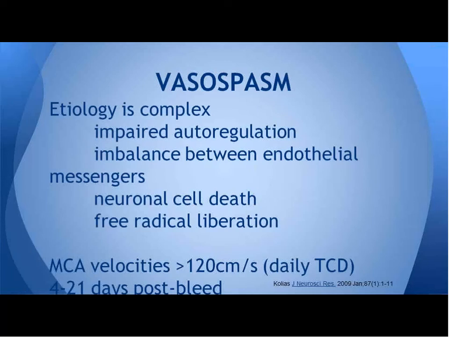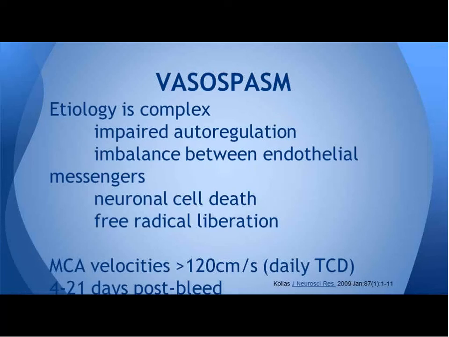Linda had discussed the transcranial Dopplers. Mainly what they do is look at the velocities. Greater than 120 centimeters per second, usually those patients, especially if they are symptomatic, are rushed back to the endovascular suite and are taken for some type of definitive procedure.